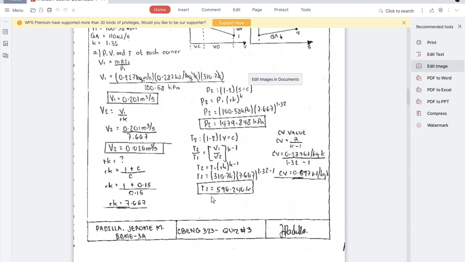This is 100.58 kPa multiplied by 7.667 raised to 1.32. The answer we got for P2 is 1,479.848 kPa.